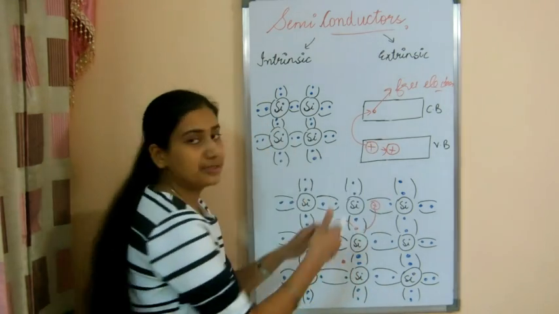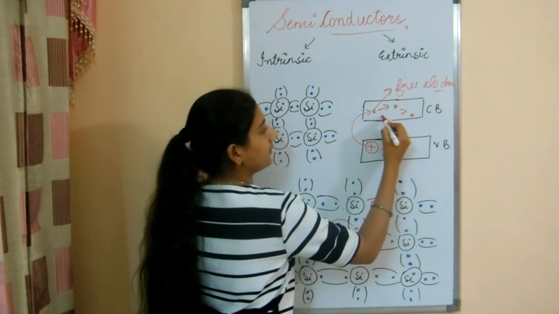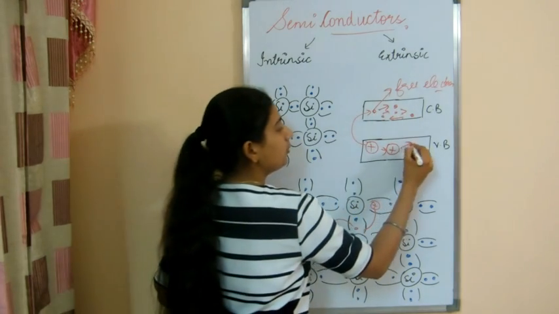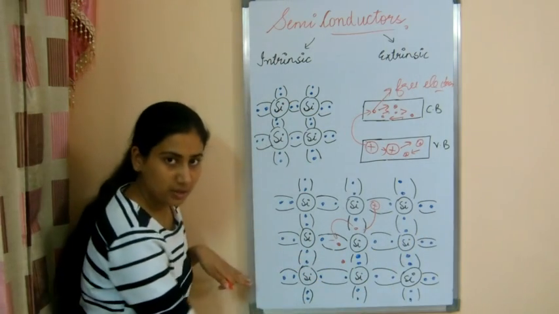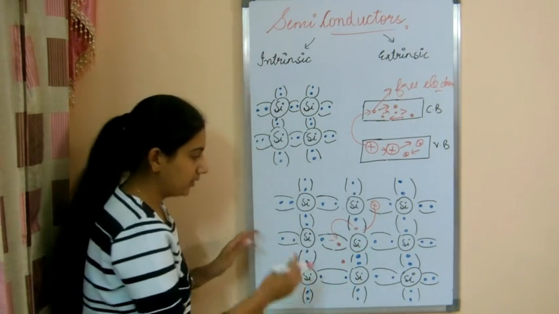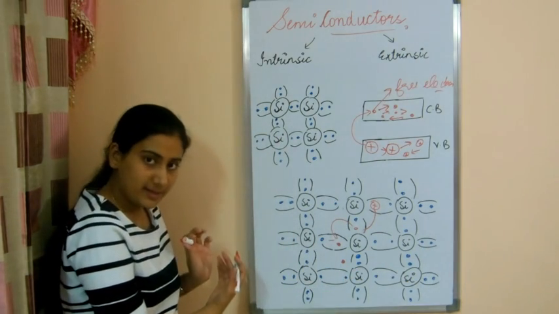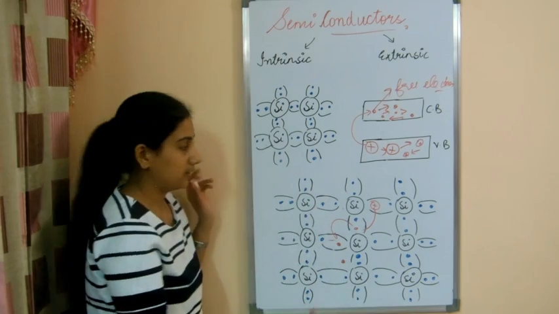We know that this is a random motion because a free electron can move here, here, here, then this, then this. It's a random motion. Similarly, holes have random motion. But if I apply a potential difference across this semiconductor, what will happen? The electrons will be aligned in one direction, the holes will move in one direction. So there will be current flowing in the semiconductor.